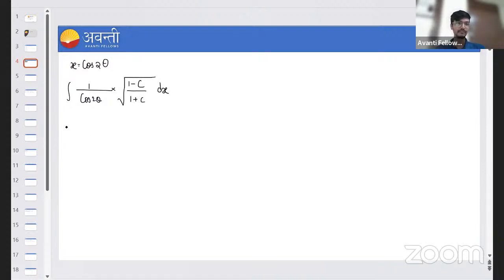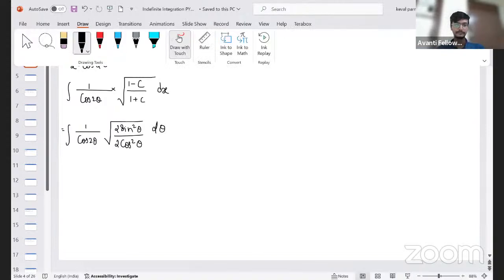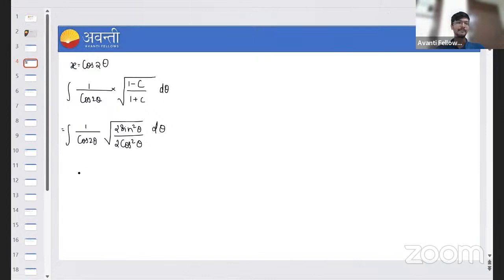We easily know that 1 minus cos is 2 sine square theta, and 1 plus cos is 2 cos square theta by using the multiple angles formula. So, 1 upon cos 2 theta into under root of 2 sine square theta upon 2 cos square theta, d theta, sorry. 2 and 2 will get cancelled.